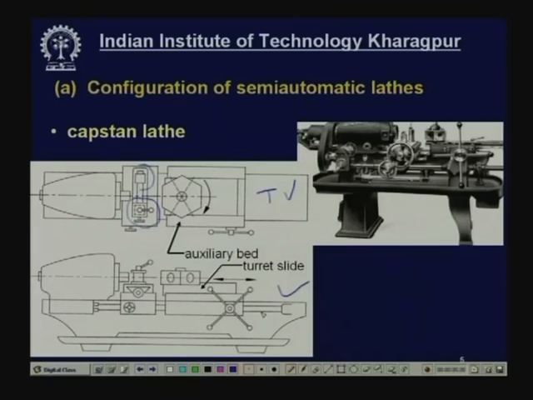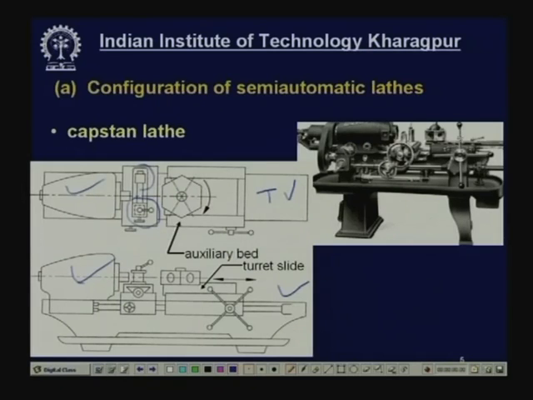So many cutting tools can be placed in advance, so that the tools can be selected and put into action very quickly. That will save time. The speed changes will also be done very quickly in these semi-automatic lathes. These are semi-automatic and economically viable for batch production or small lot production.